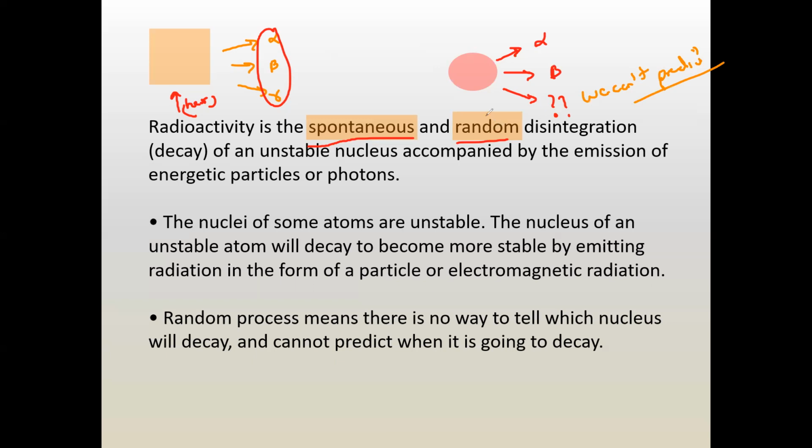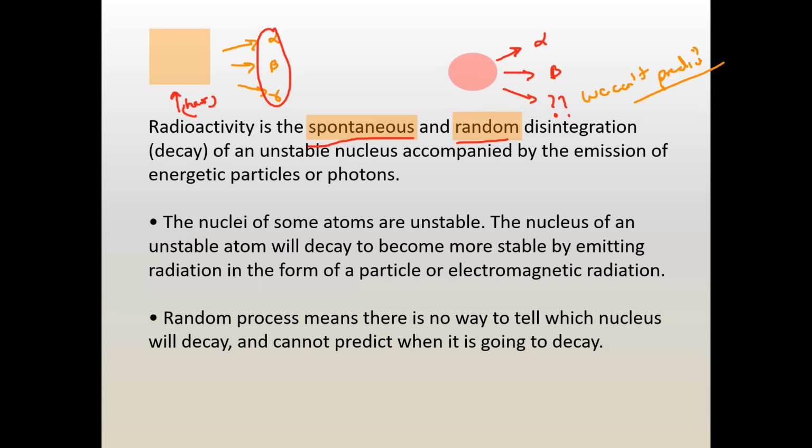There is no order. We cannot say first is alpha, then beta, then gamma. Maybe it might be first gamma, then beta, then alpha, or first beta, then alpha, then gamma. It cannot have any order. It can emit radiation in any way. So the spontaneous and random process of emitting radiation is known as radioactivity.